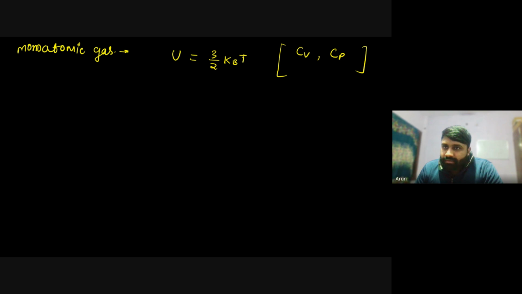When the volume is constant, there is no work done, so according to the first law of thermodynamics, delta Q is nothing but delta U. So in that case, delta U equals n Cv delta T, so Cv is delta U by delta T. Same way here, if we differentiate this with respect to temperature, dU by dT is 3 by 2 kB.